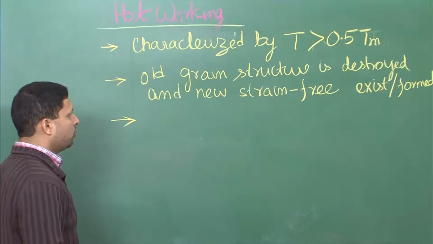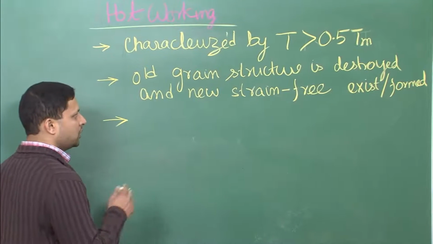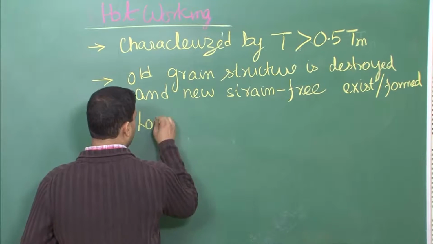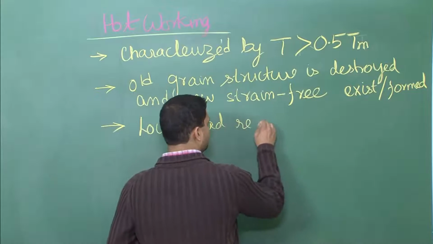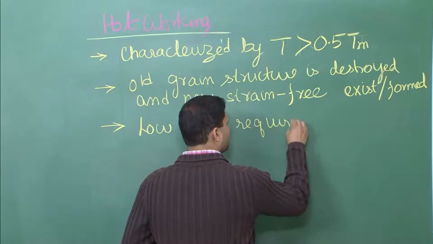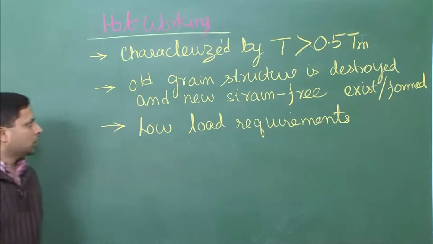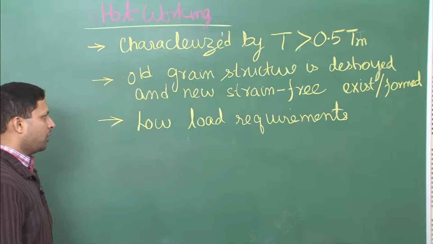Now, another thing we know is that when the temperature is very high, the stress requirement will be low, and therefore, low load requirements. So, this is also an advantage. You can deform a material.